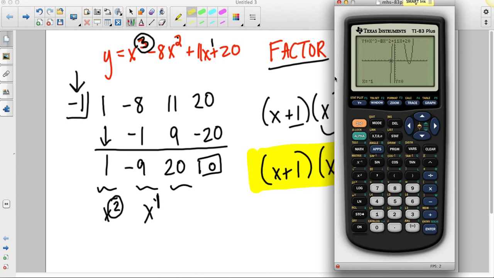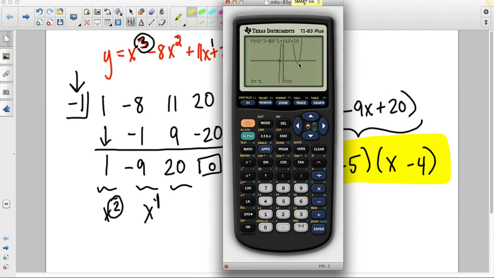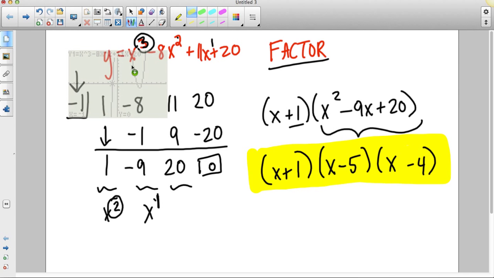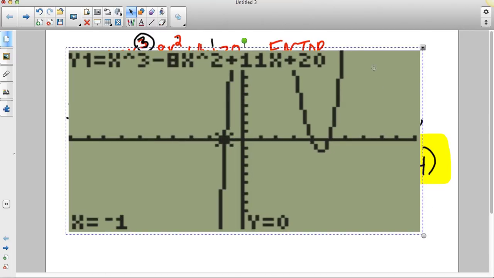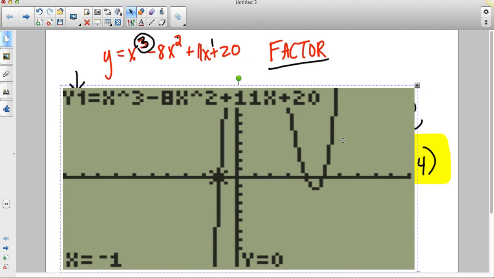All right, let's go back. Look at your graph again. Could someone else have told me another number except negative 1? Yeah. 4? So type in 4, enter, and make sure it gives you a 0. Did it? Well, what happens if I would have chose 4?